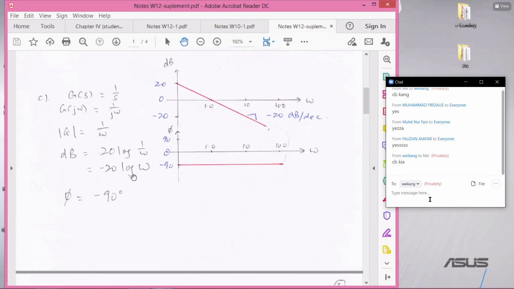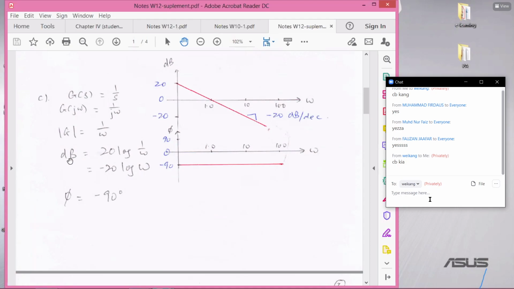This is the fundamental property of logarithm. So negative 20 log omega. And then the phase angle of 1 over j omega is always negative 90, because the term is in the denominator. So the phase angle is constant, negative 90 for 1 over s.